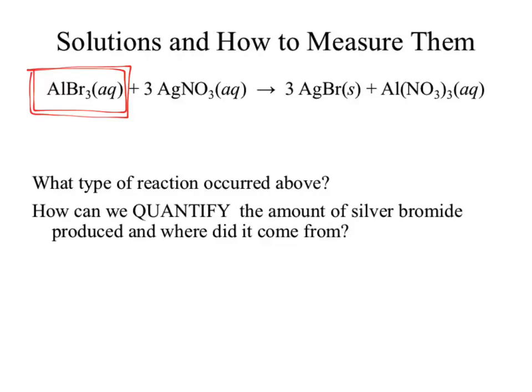I take this species and I put it onto a balance. This is my nice little balance. No, it's not going to eat it. Here are little glass windows, right? Little box. What am I going to weigh? It's aqueous, so what am I going to weigh? I'm going to mass the aluminum bromide and the water.